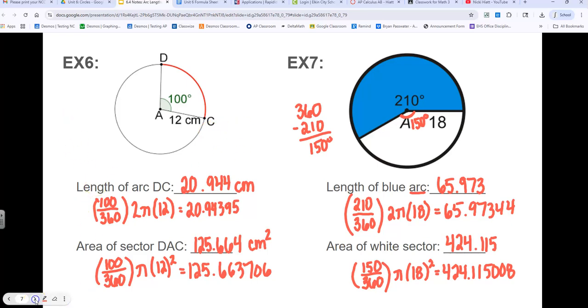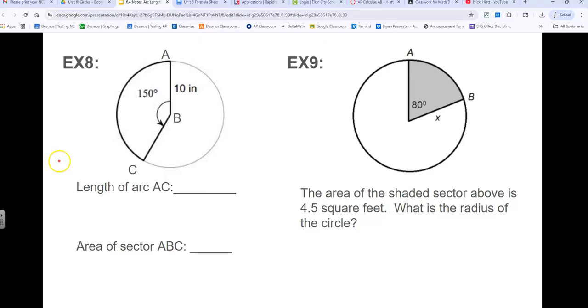Okay, we've got just a couple more to look at. The length of arc AC here, that would be the minor arc here because it's only named with 2 letters. In this case, would just need to be 150 divided by 360 times the circumference, which would be 2 times pi times the radius, which is 10 there.